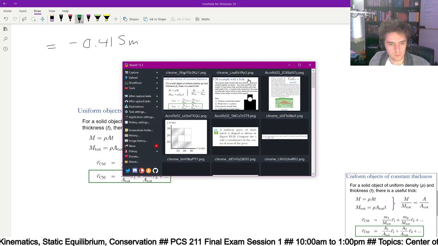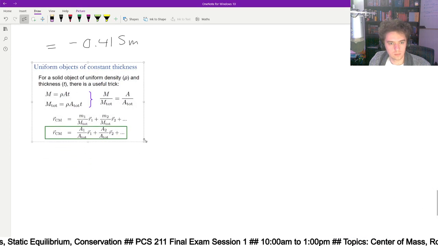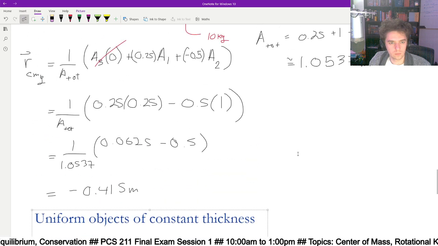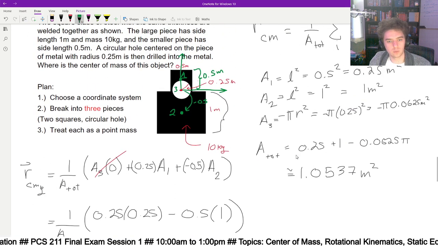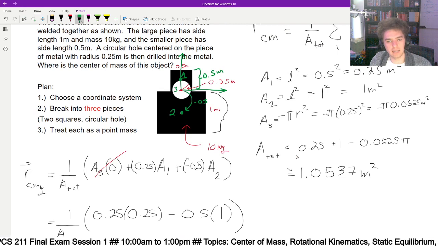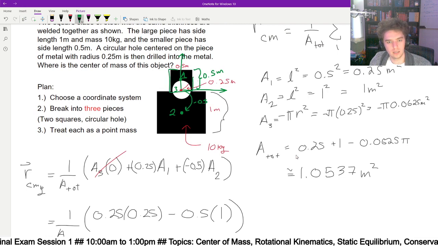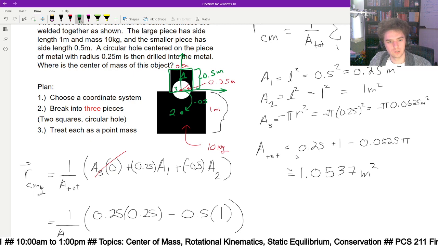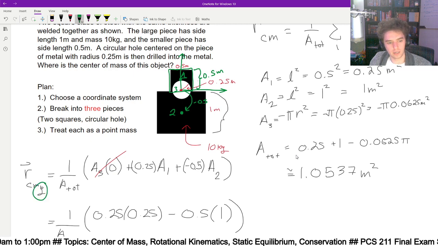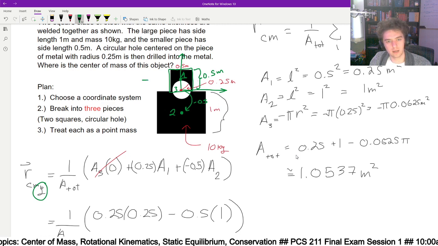Okay, got it. Adam, I'm just confused. Why did you multiply 0.25 to the first area, the A1? Because that's its Y position. The center of mass of this block has a Y component of 0.25. We're just looking for the Y component here. So its center of mass has a Y value.